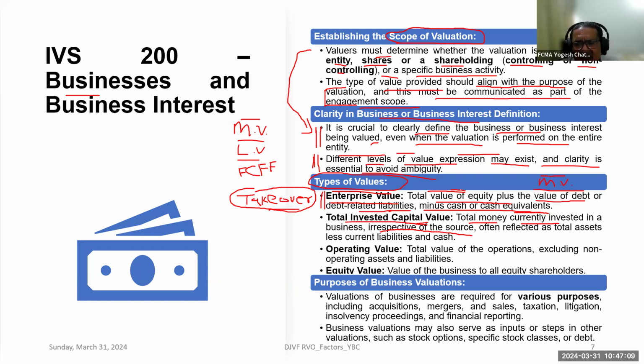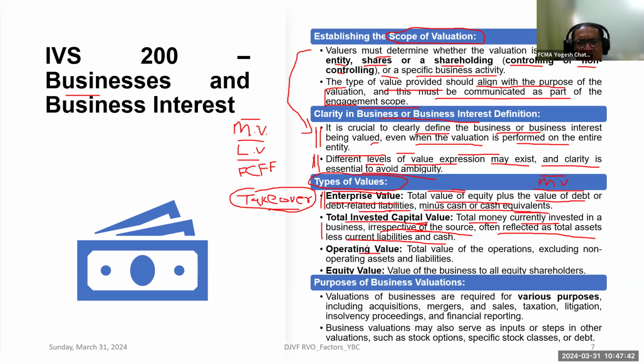That is reflected as total asset less current liability and cash. What will be left is the shareholders' equity plus non-current liability. So that is nothing but the capital structure of a company comprising equity and non-current liability.